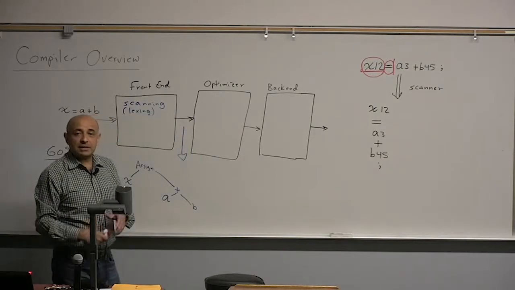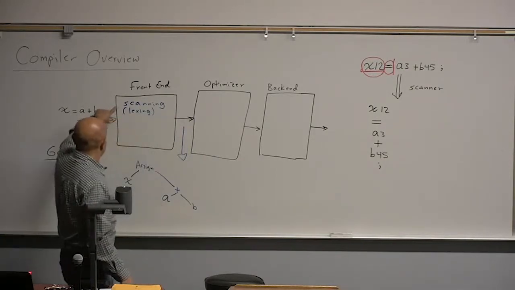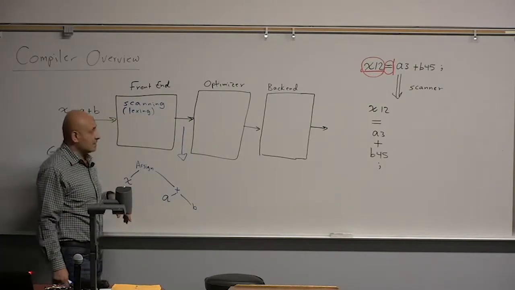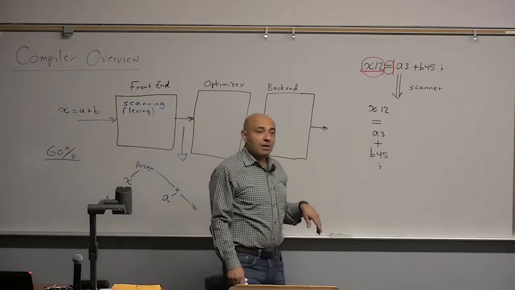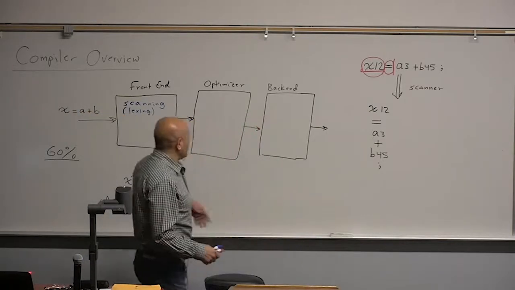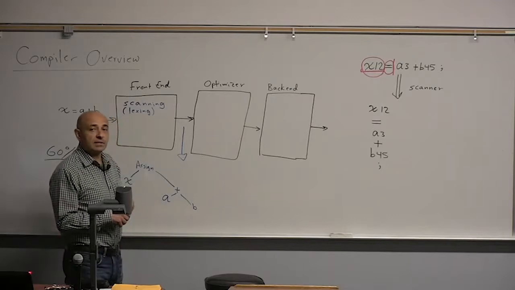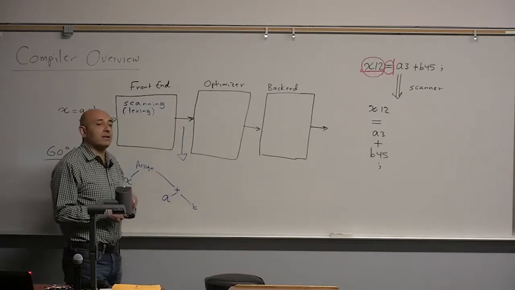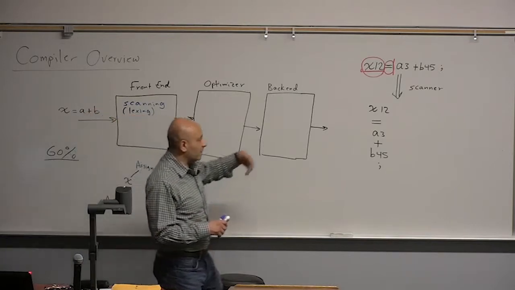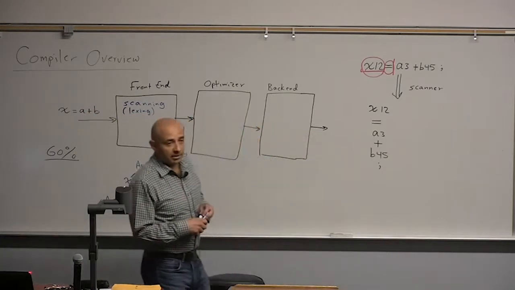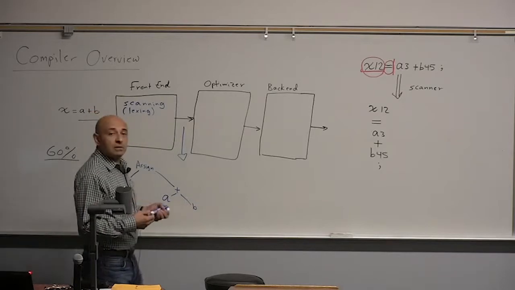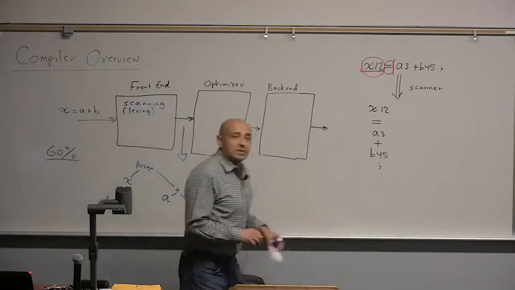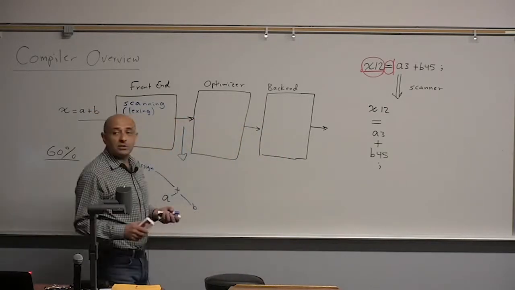So this is exactly what the scanner or lexer does. OK, how does it do that? We will be studying this later, but we will define this using regular expressions, and the implementation will require using finite state automata. OK, so this is the scanner. Any questions on this?